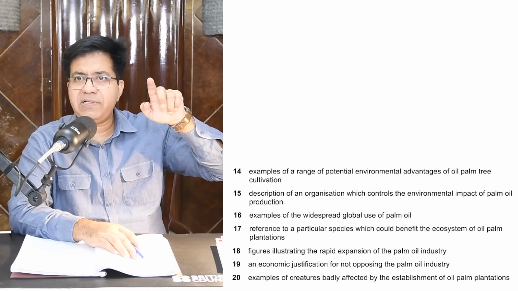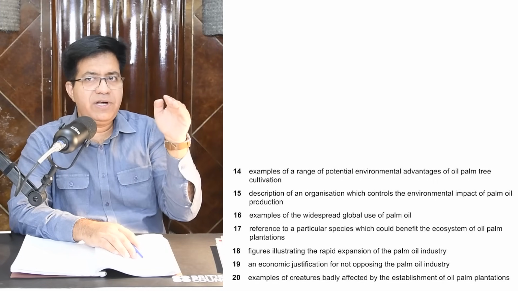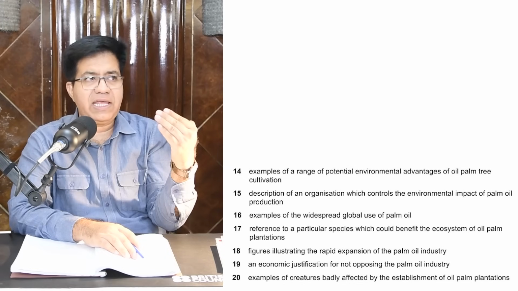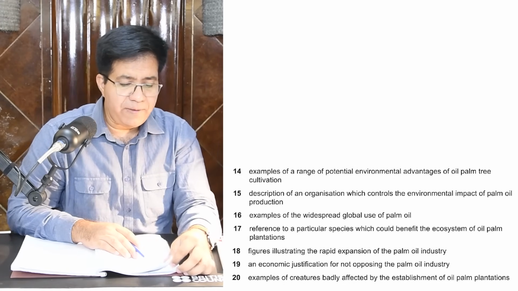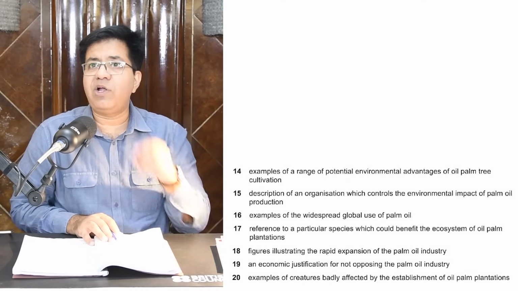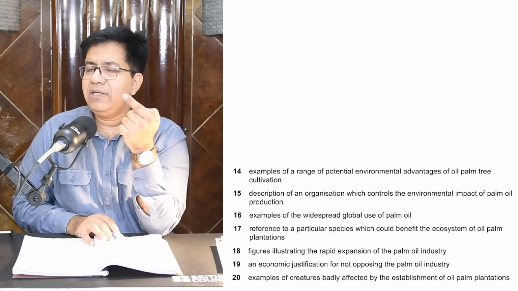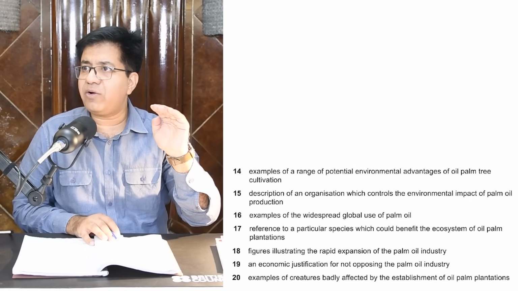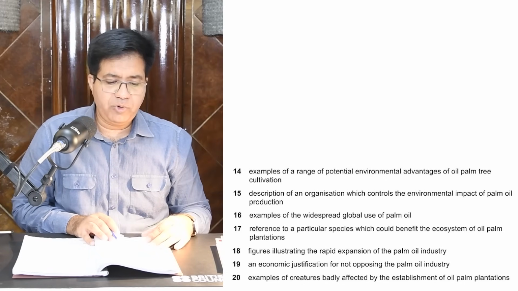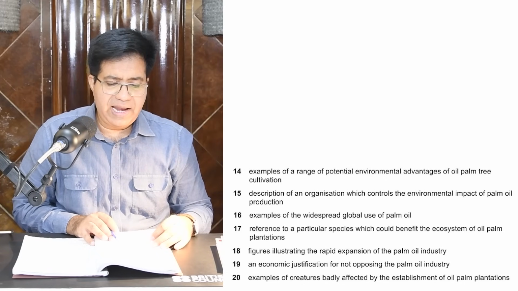When they give examples, they say, first of all, it will do this. Secondly, it will also do that. And finally, something like that. So examples of range of potential environmental advantages. Now, what is environmental advantage? If it reduces carbon dioxide, if it increases oxygen, all these are potential environmental advantages.